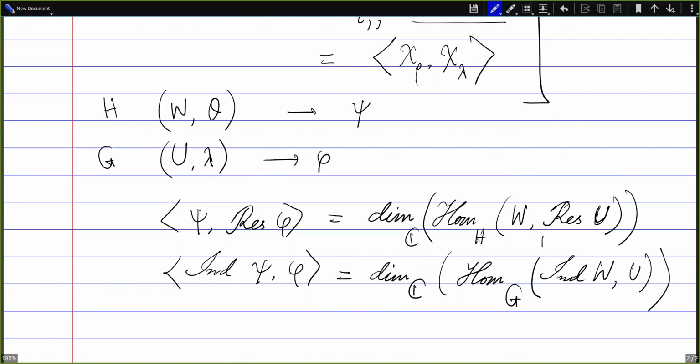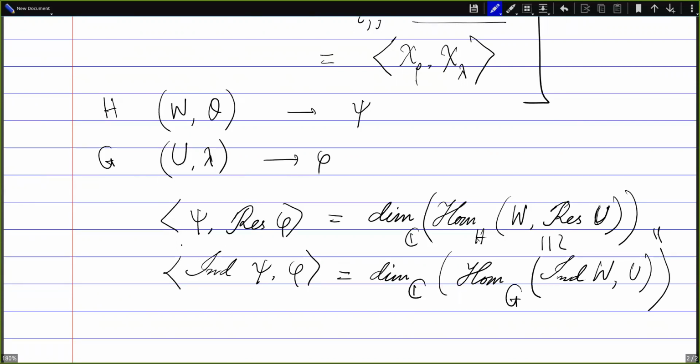We have already discussed in one of the earlier lectures that these two spaces are indeed isomorphic, so their dimensions have to be the same. That's the Frobenius reciprocity formula. Let me repeat once, and with that I will finish.